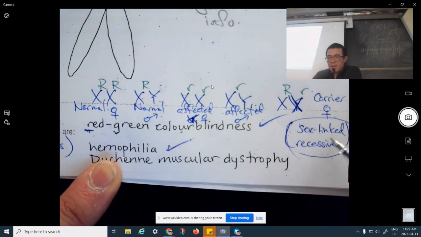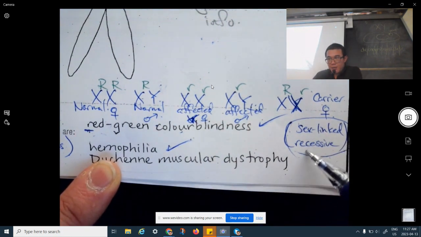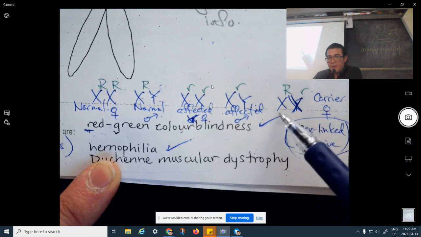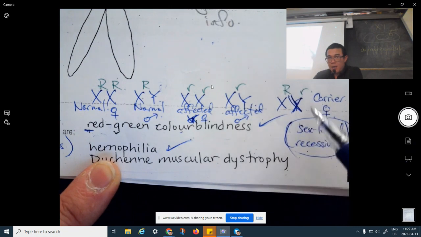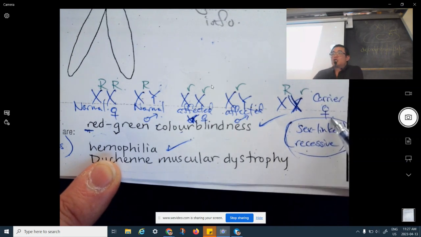Now, because this is a recessive trait, you can have X big R, X small r. So in this case, you have a carrier, a female carrier. She would not have color blindness, but she would be carrying that gene or that allele. The last one?